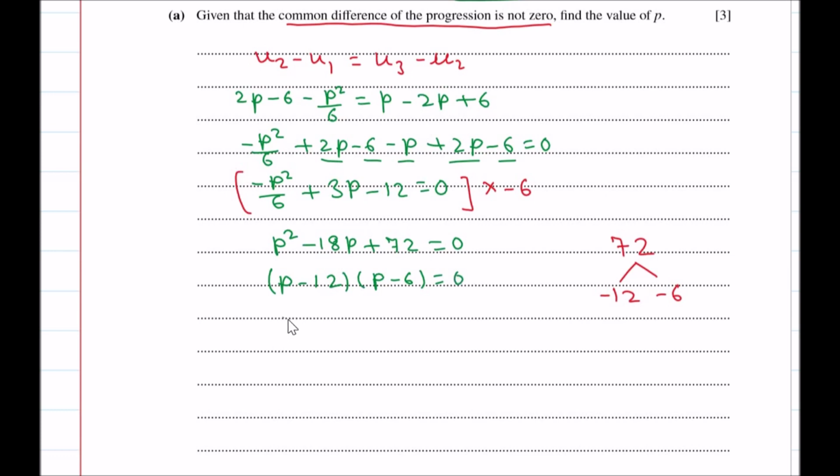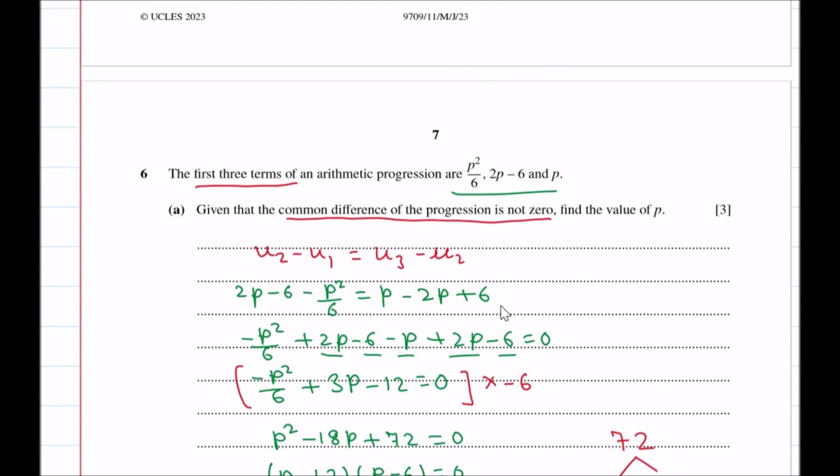So we get p minus 12 equal to 0 or p minus 6 equal to 0. This gives us p equal to 6. Now this gives us p equal to 12. But we have to be very careful. This p value should not make d equal to 0.